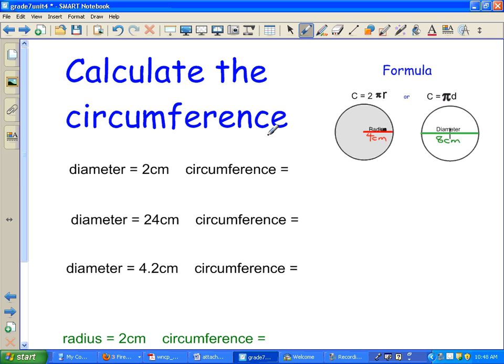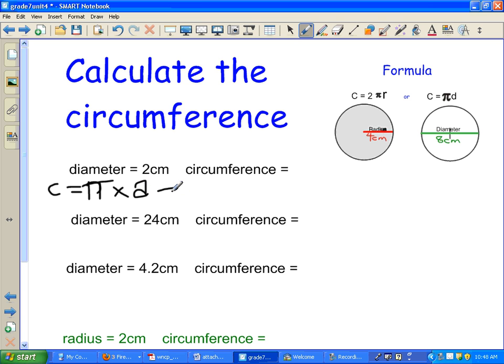Now we're actually going to calculate the circumference. So we're actually going to work this out, and it's no harder than estimating, except we actually have to put in the real number for pi. So remember our formulas that we had here, and we're going to take the diameter this time. The circumference is, oh, not 2 for diameter, it's pi times the diameter, which is 2.